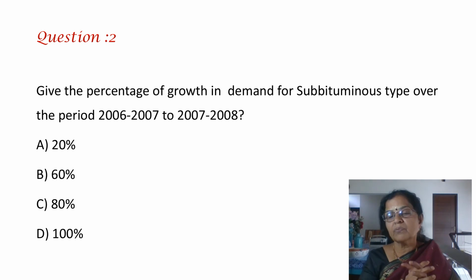Only look at the column of the demand for the subbituminous type. There is an increase in demand from the first period to the second period, 2006 to 7 to 2007 to 8. So you have to find out the increase, that is the growth in demand, and give it in the form of percentage.